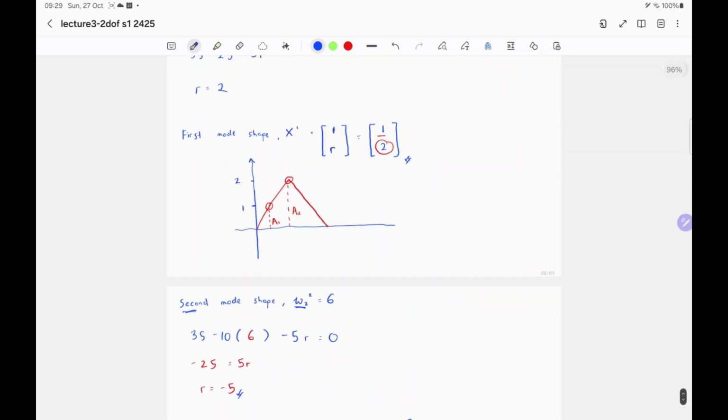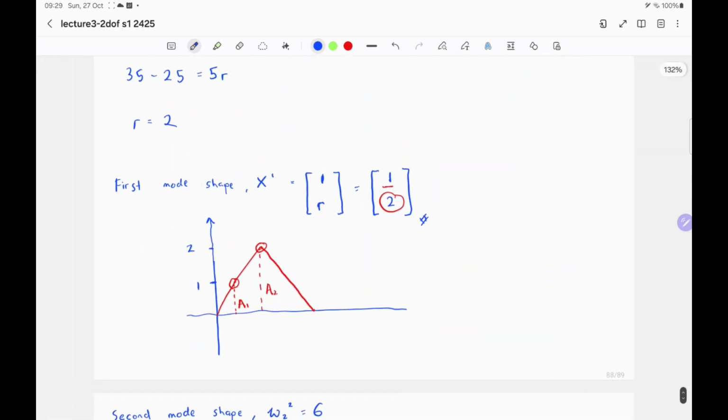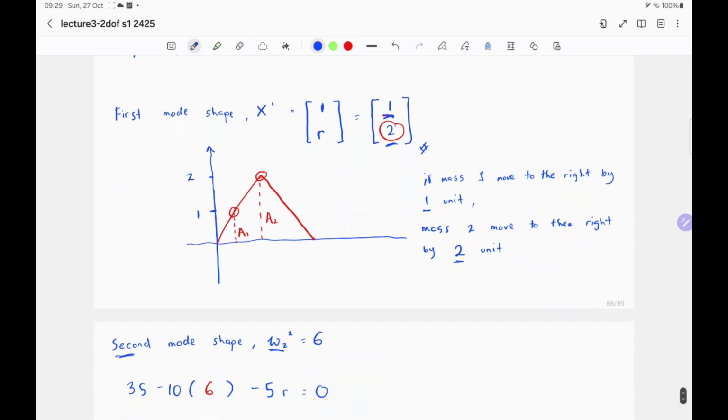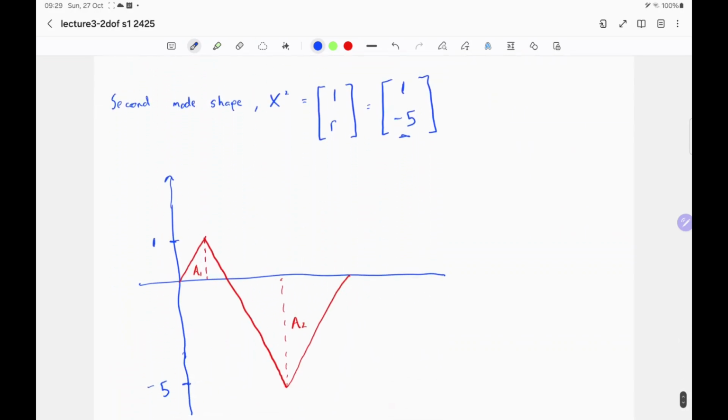To explain more, if mass 1 moves to the right by 1 unit, mass 2 moves to the right by 2 units. How about the second mode shape?